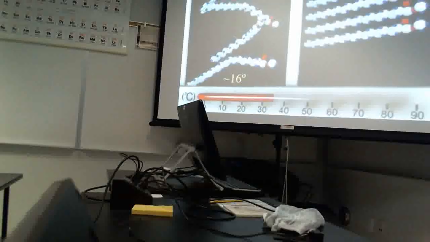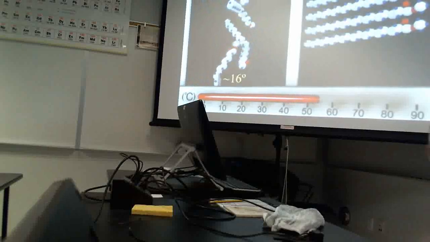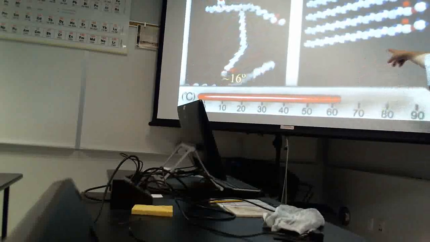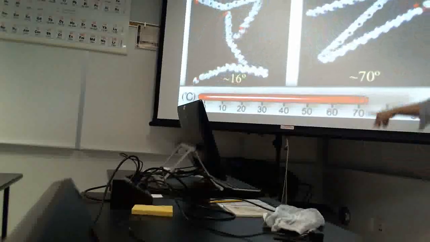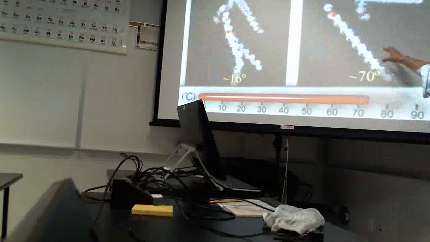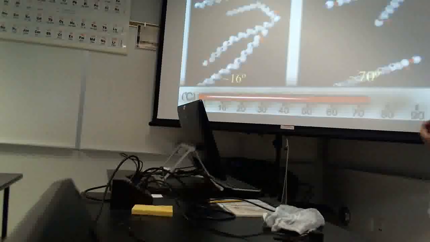You see this one melts at a much lower temperature. This one's going to melt at a much higher temperature. Yeah, at 70 degrees, this one starts to melt. Melting, you know what melting is? You just break them apart so that they're free to move and translate.